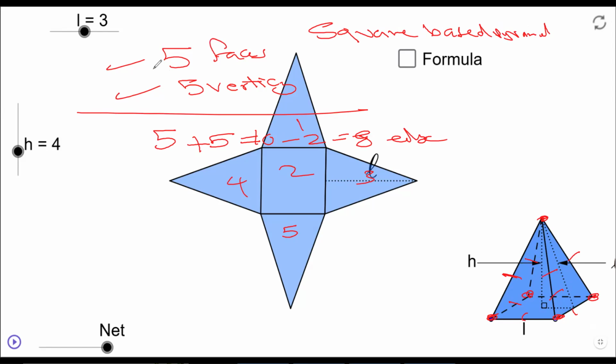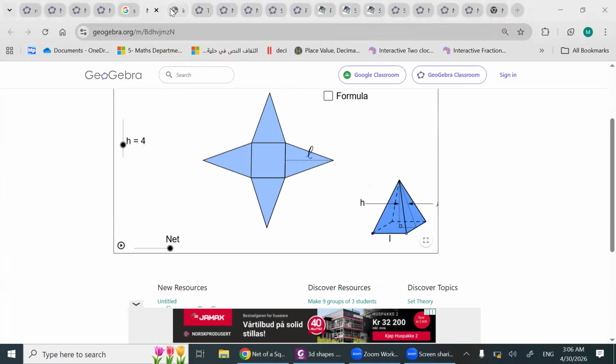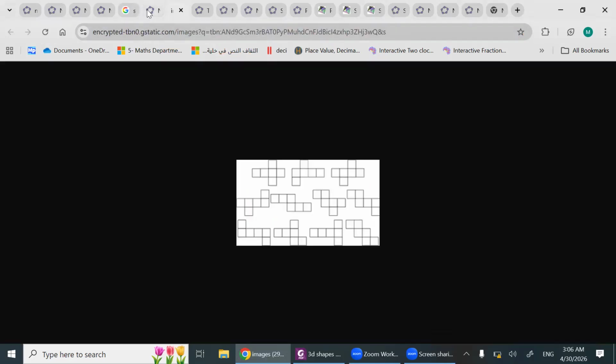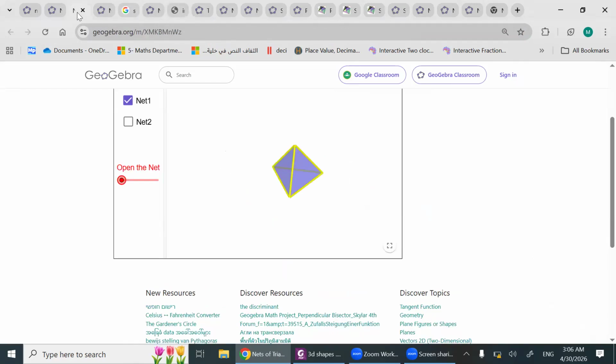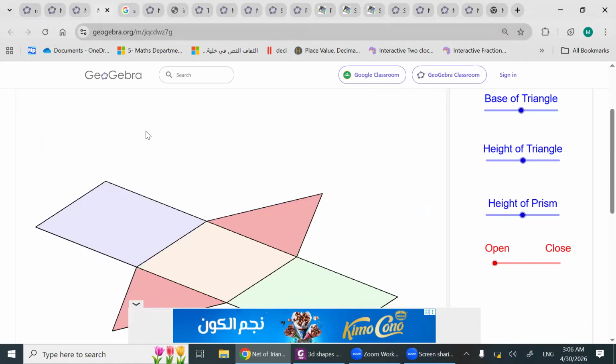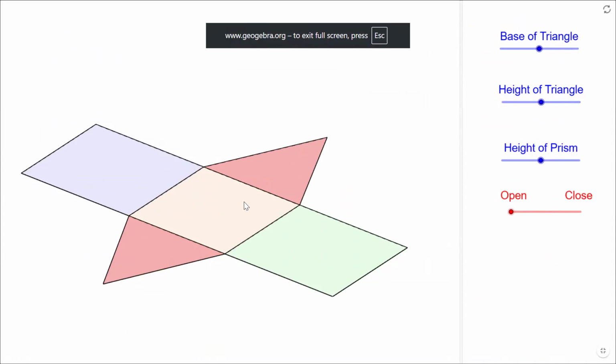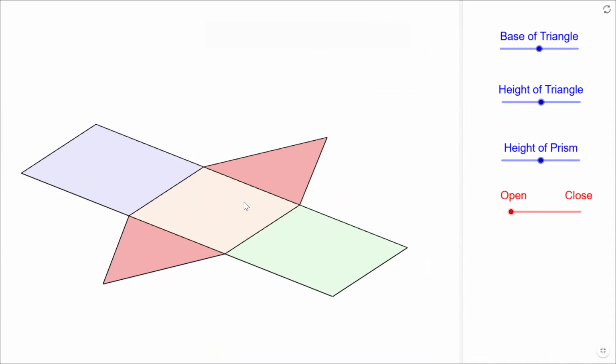We're going now to talk about prisms. Prisms have two bases, two surfaces which are equal in area and without a central point. The most common prisms are squares and cuboids, and the second popular shape is the triangular prism.